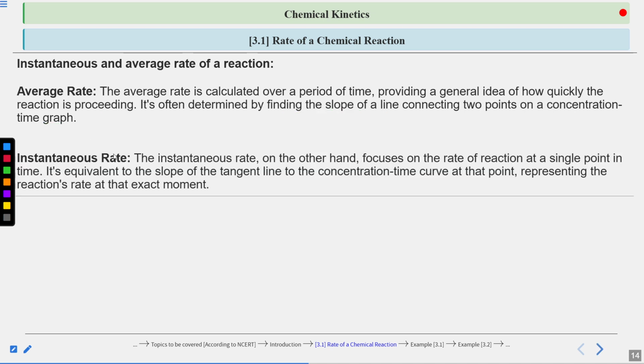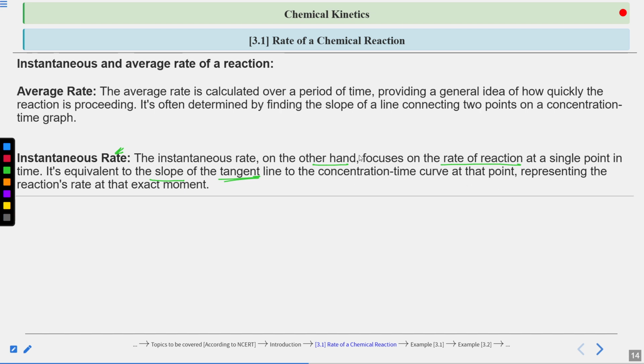The second type of rate is instantaneous rate. The instantaneous rate, on the other hand, focuses on the rate of a reaction at a single point in time. At a particular point at a given time, what is the rate of reaction? That is considered the instantaneous rate. It is equivalent to the slope of the tangent line to the concentration-time curve at that point.